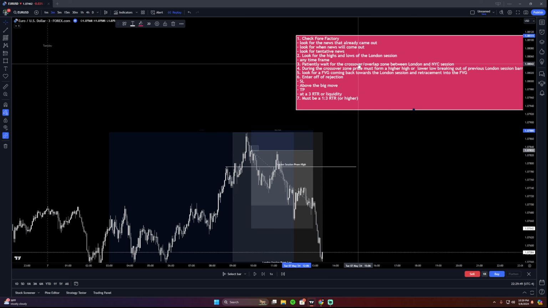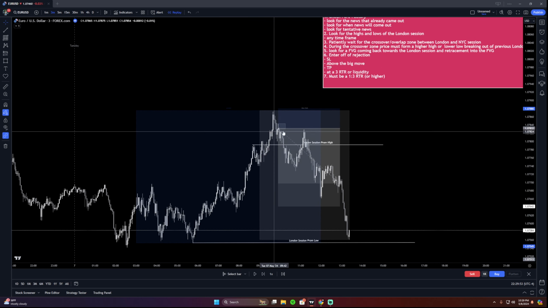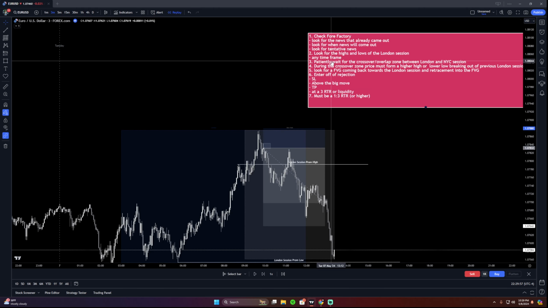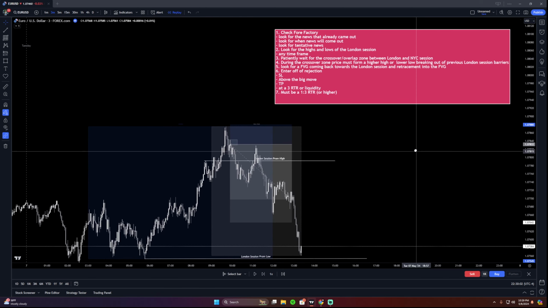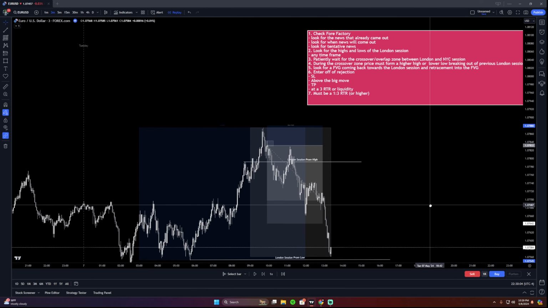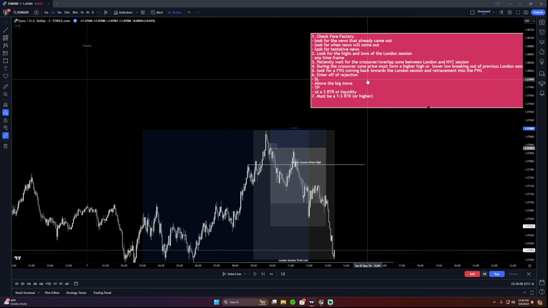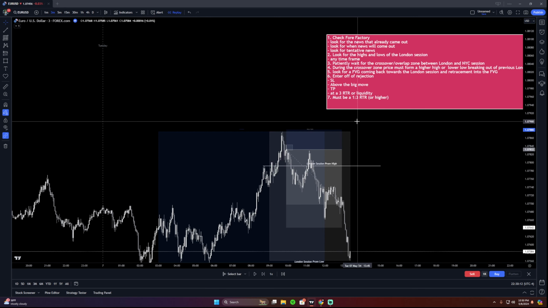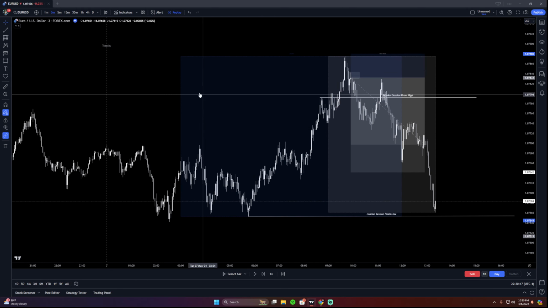You find the highs and lows, and then you patiently wait for the zone to come up, just like this zone, the crossover zone. And then during the crossover price zone, it must form a higher high or lower low, breaking the previous London session barriers, which are prominent highs and lows. Look for a fair value gap coming back towards, enter off the rejection, stop loss above the big move, take profit at 1 to 3. It must be 1 to 3 or higher. Super simple. So that strategy was profitable.